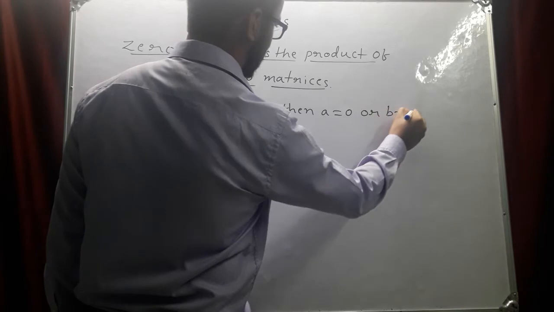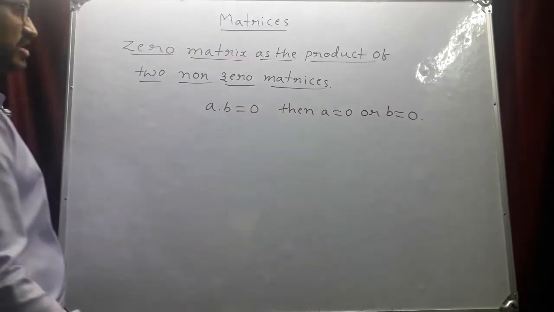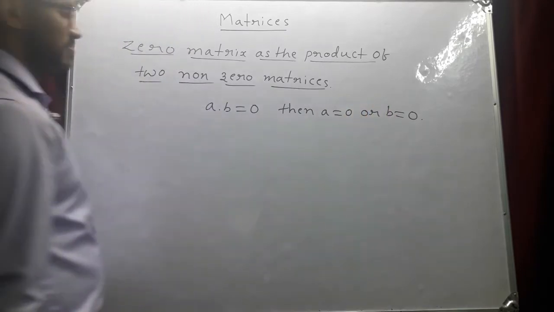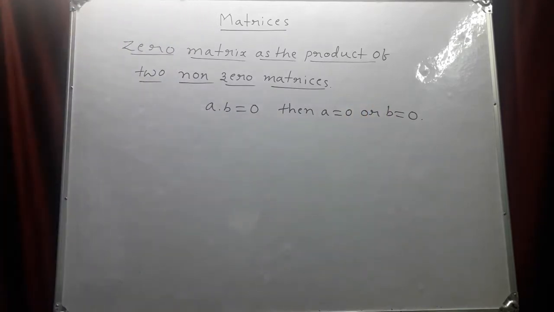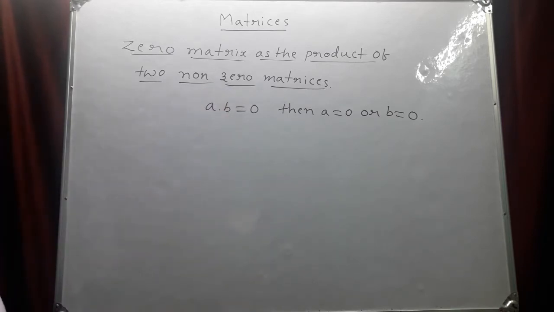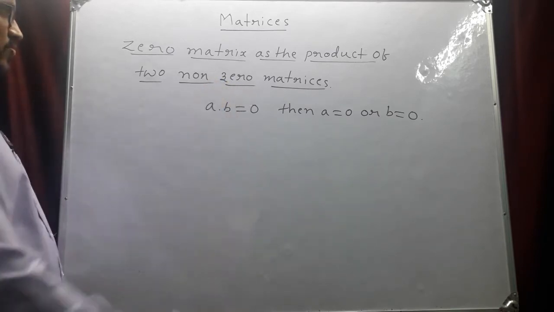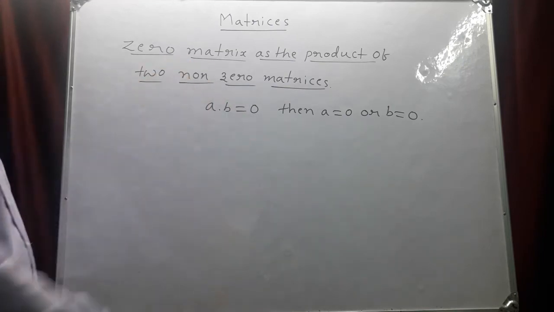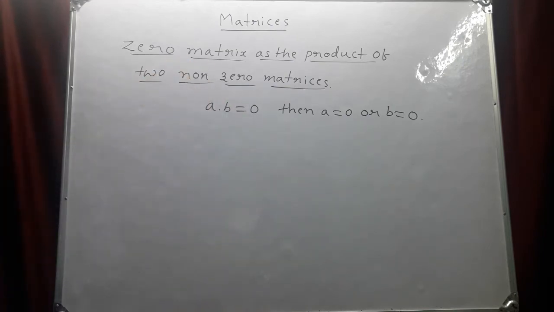If the product of any two real numbers is 0, one of the numbers should be 0. But in the case of matrices, if the multiplication is 0, then it is not necessary that one of the matrices should be 0.